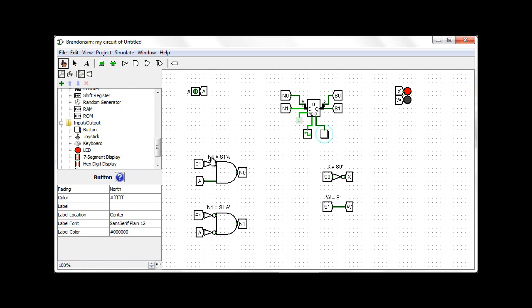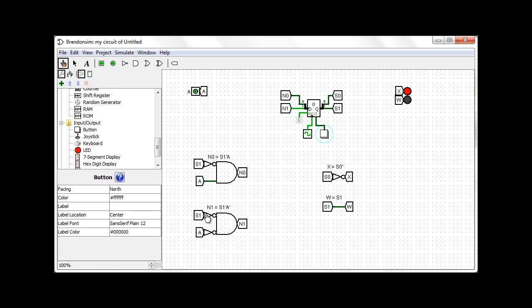As you remember, for N0 we had S1 naught, so S1, and then here is a NOT gate, and we had also A, so A is going to be here, and then because it's a multiplication between S1 naught and A, we're going to have an AND gate, and the result is going to be N0.